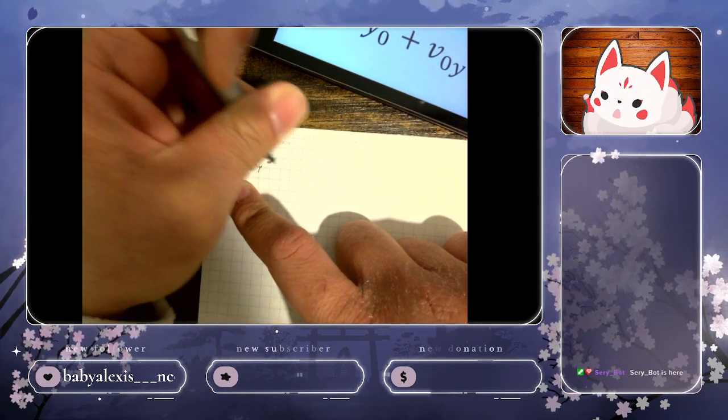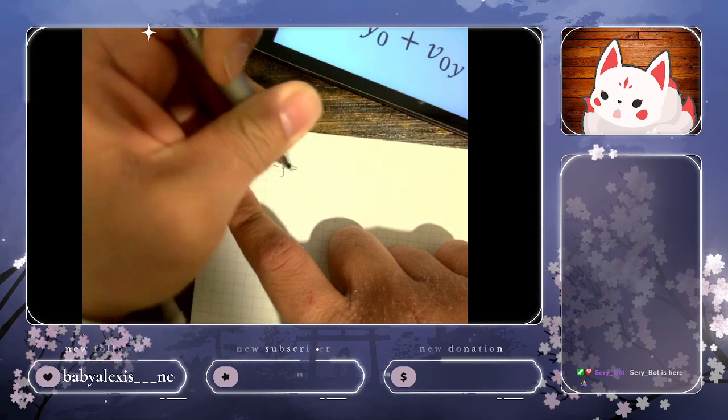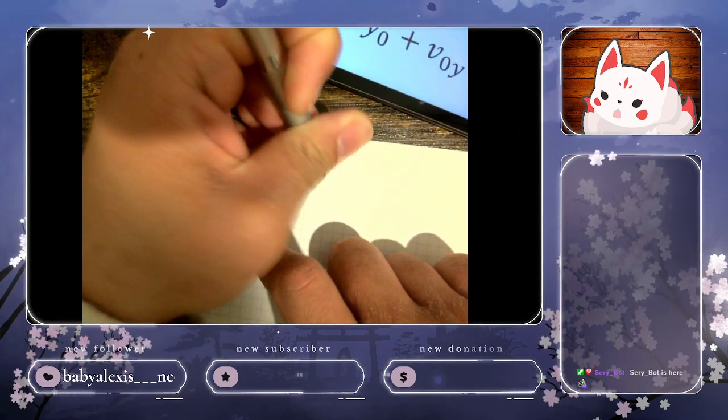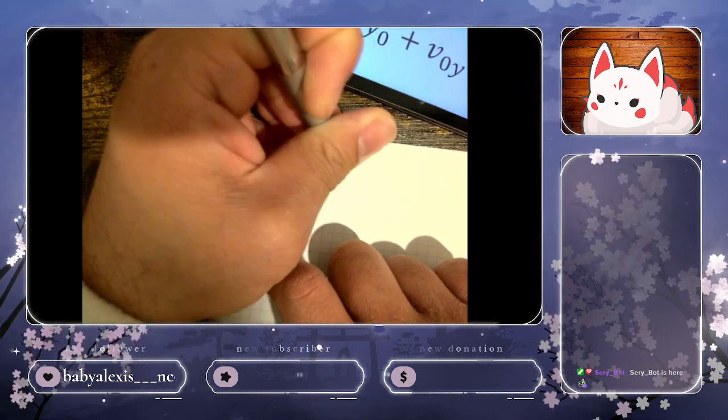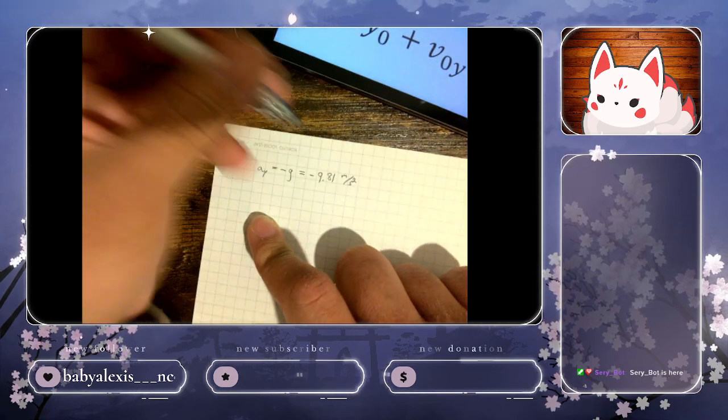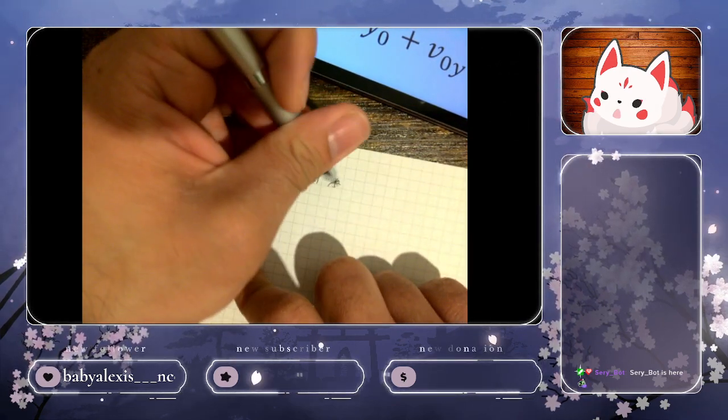a_y equals negative g, which equals negative 9.81 meters per second squared. Acceleration's units of measurement are meters per second squared.